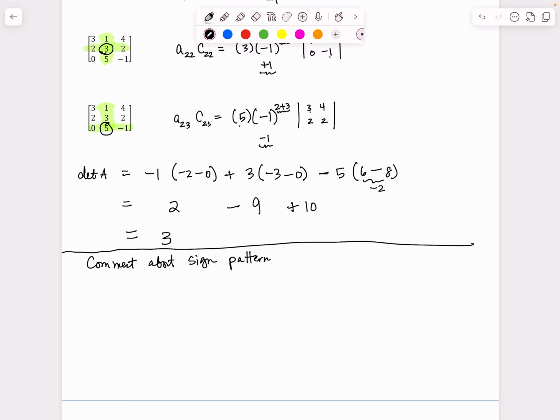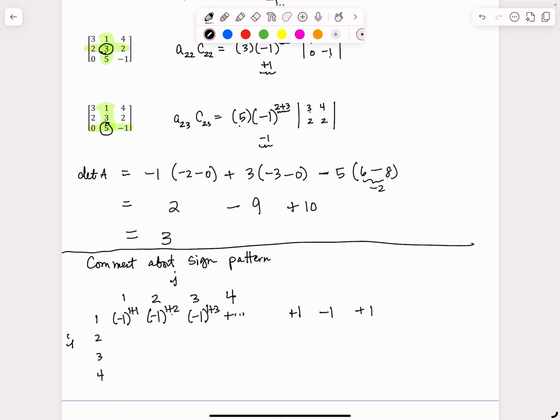So let's look at the j's, 1, 2, 3, 4, and then the i's, 1, 2, 3, 4. Remember, this is minus 1 to the 1 plus 1, minus 1 to the 1 plus 2, minus 1 to the 1 plus 3. So minus 1 squared is a positive 1, then minus 1 to the odd power is minus 1, then minus 1 to an even power. So you see on that top row it goes plus, minus, plus.